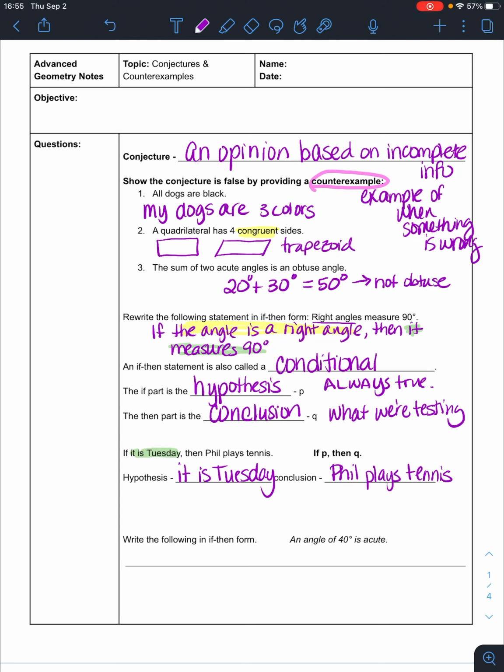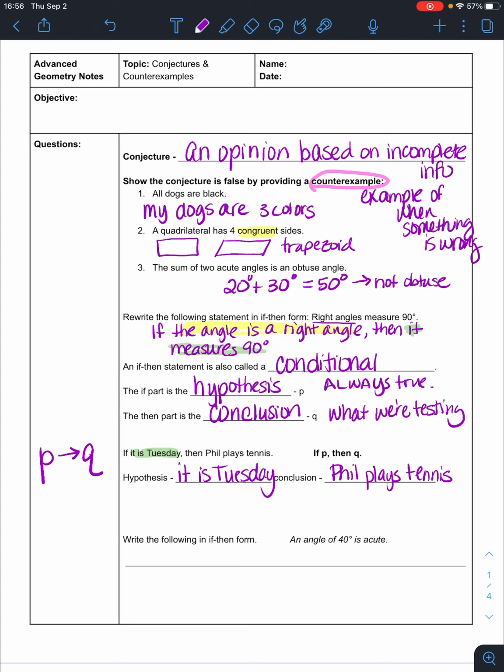Okay, if P, then Q. The P is the hypothesis. The Q is the conclusion. If P, then Q. You can also write it P arrow Q. That's also another notation. If P, then Q is how you would read that letter statement.